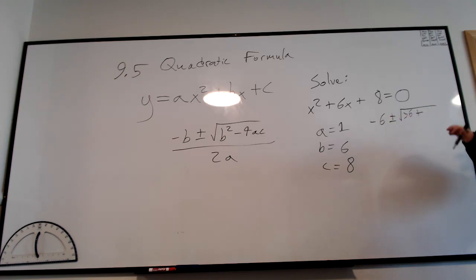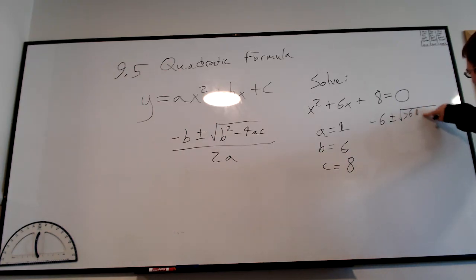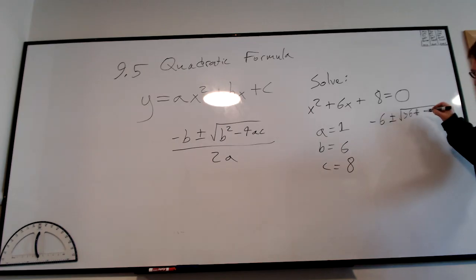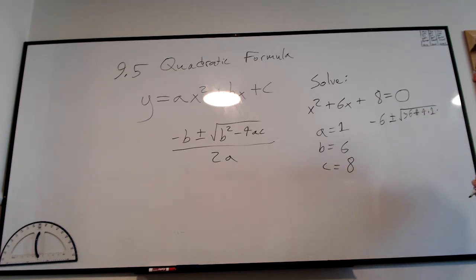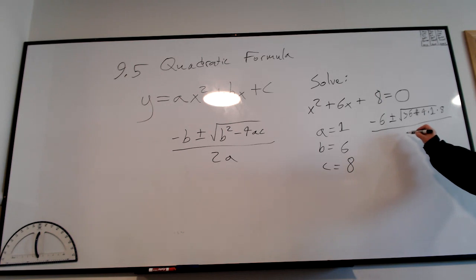Minus, okay, we've got 4 times a. What is a? A is 1, so that's 4 times 1. Then we have 4 times 1 times c. C is 8. So we have that times 8. And then that's all over 2a. So a is 1, so we have 2.